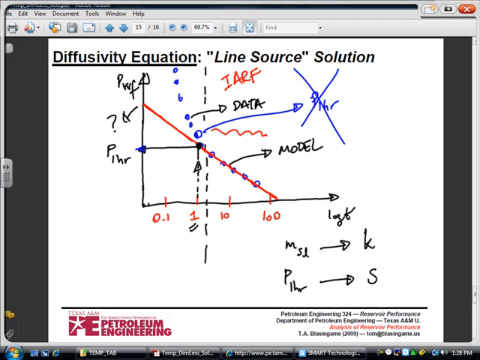So that way you understand that you are in the wellbore storage domination. Also, it doesn't make any sense to find the value of the wellbore storage coefficient. The important thing is your permeability, skin factor, and the area.